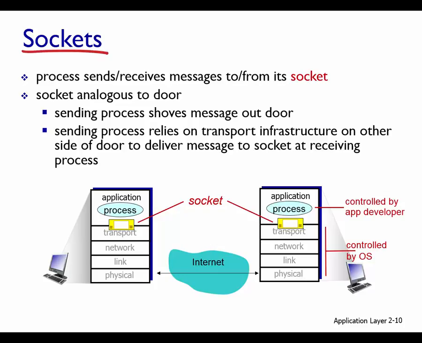The sending process shoves a message out the door, so the client sets up some socket and sends data out that socket, and then it's up to the other network layers, which are controlled by the operating system and eventually by the driver on the networking card, to send that data out on the wire, and then there's some other socket at the other end that's going to receive the message and send it to the application at the other end.